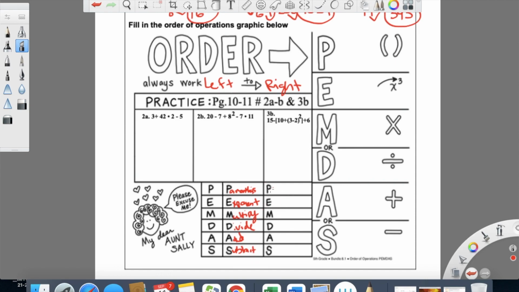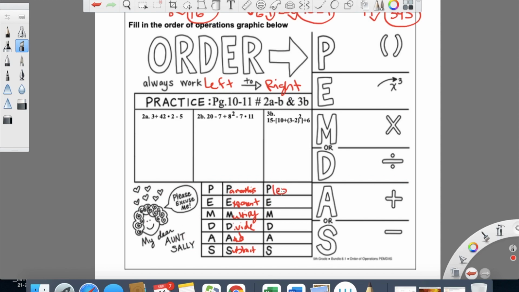And then they give you another area here because remember there's that funny little poem that everybody tends to remember at this point in school, just to help you remember it. So please excuse my dear Aunt Sally is what it is saying. So this is just kind of a silly little cartoon to go with it.